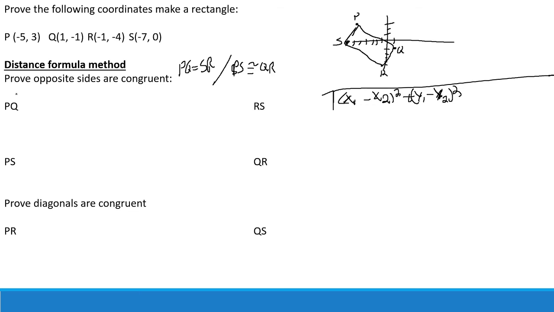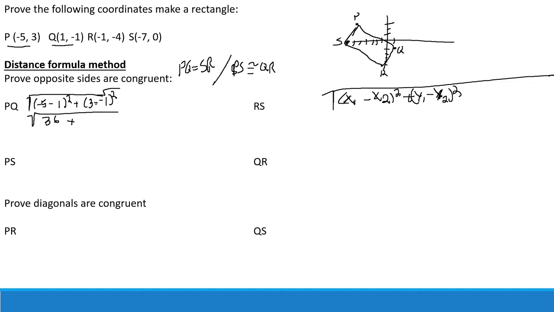So PQ. That would be the square root of, let's see, my x's in this case would be negative 5 minus 1 squared, plus my y's would be 3 minus negative 1 squared, all square rooted. And so if we do some mental math here, this would be negative 6, which squared would be 36.